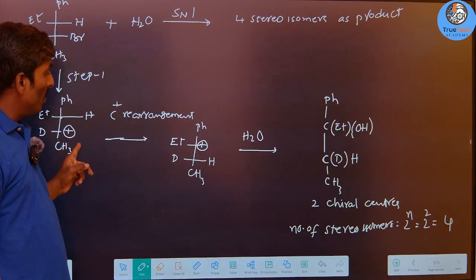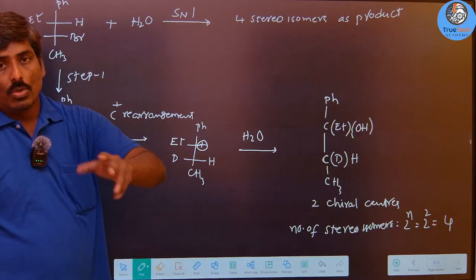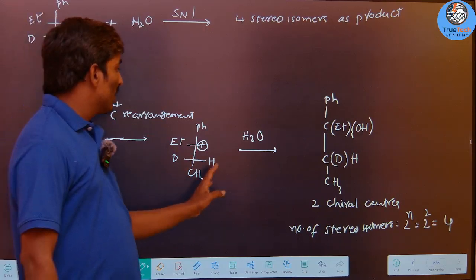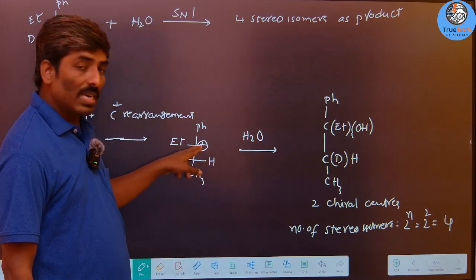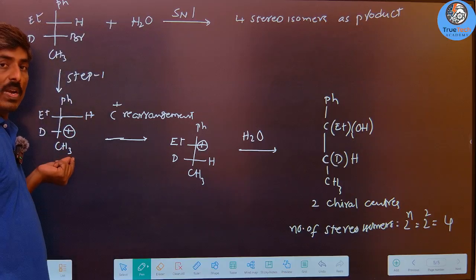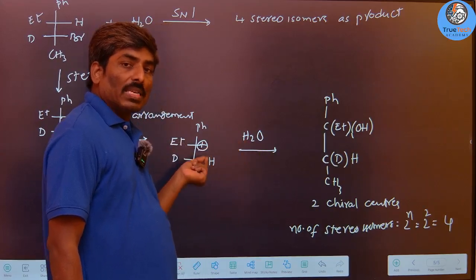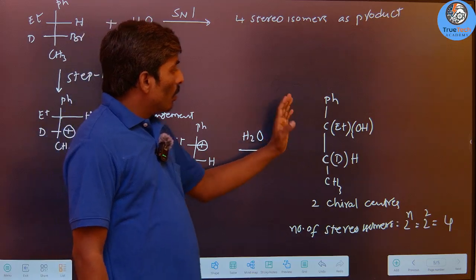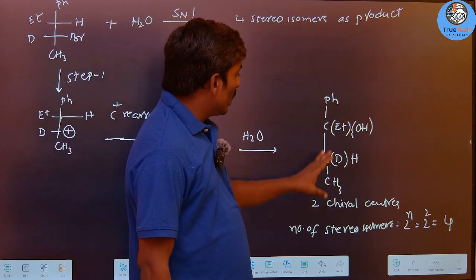When carbocation formation takes place, there is a possibility to form 2 diastereomers, and then the nucleophile attacks. So the nucleophile can attack from where? Front side and back side. Here also the hydride can attack from front side and back side. Here also OH minus can attack from front side and back side. So by considering all possibilities, this is the product.